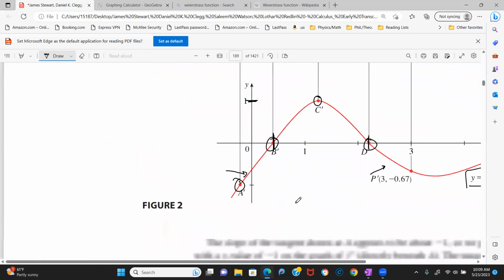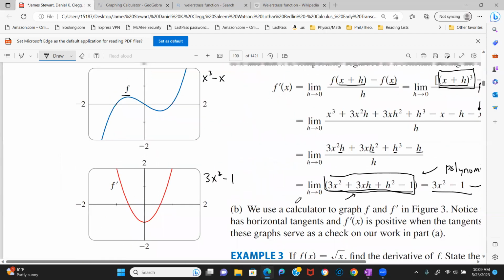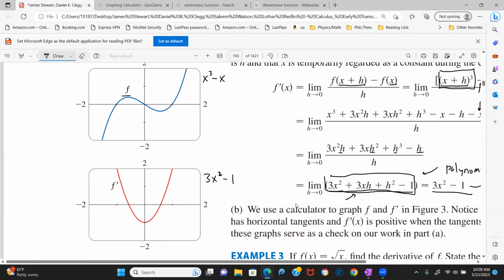All right, so let's look at this graph again. At this point right here, if you draw the tangent line, well, I didn't draw it perfectly, but it looks roughly horizontal. So this is going to be a zero tangent line right here. At this point the derivative should go through the x-axis, and it does.